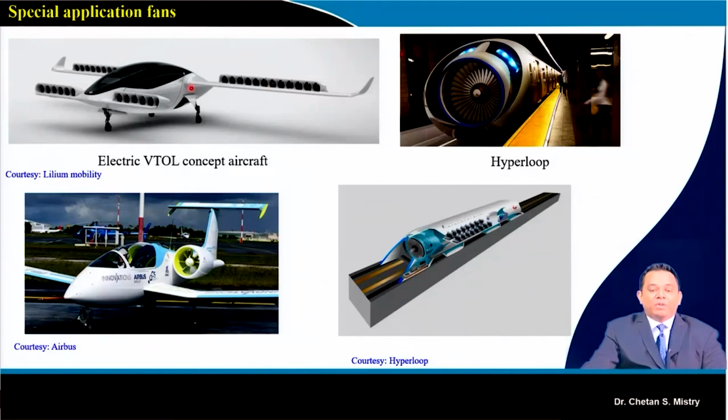At the same time, the same fans are helpful for vertical takeoff of this taxi. So here also we are looking for designers who will do the design for this kind of fans.